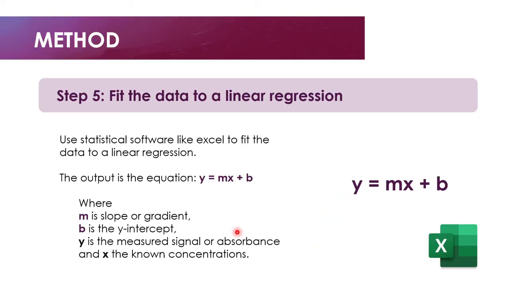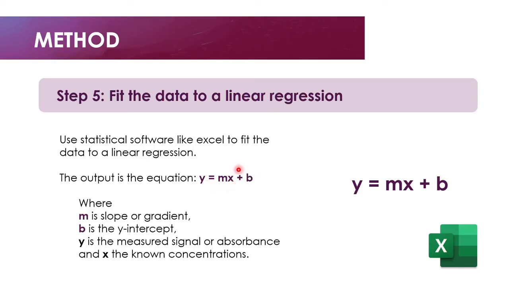So the next thing to do is to fit the data to a linear regression. In this case, we normally use statistical software like Excel to fit the data to a linear regression. And the output is always in the equation given as y equals mx plus b.